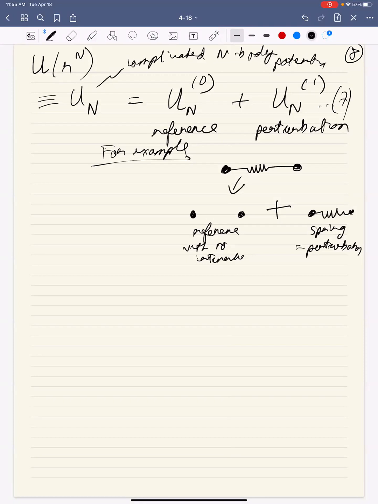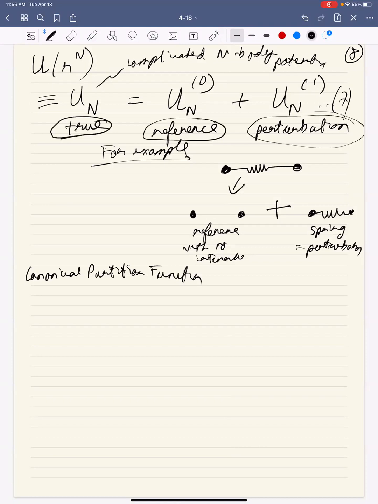So I want to think about the canonical partition function. And this is the true potential, okay? So we have 3 terms here, true, reference, and perturbation, okay? So let me write down the canonical partition function for the true potential. That's going to look like Z, and I will call it subscript N to show that it is the true one and nothing in the superscript, okay? Anytime it's a reference, I will write down superscript 0.